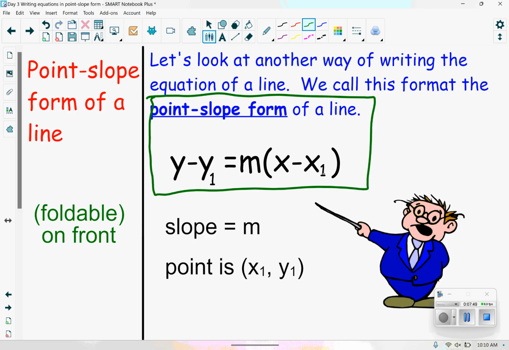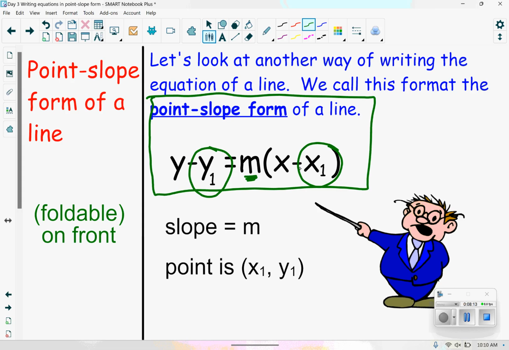So what does this mean? Well, somewhere in there, since it's called the point-slope form, there's a point and there's a slope. Well, I know the slope is m. It's always m. And my point is the point made up of this x and this y. X sub 1, y sub 1, whatever that is.